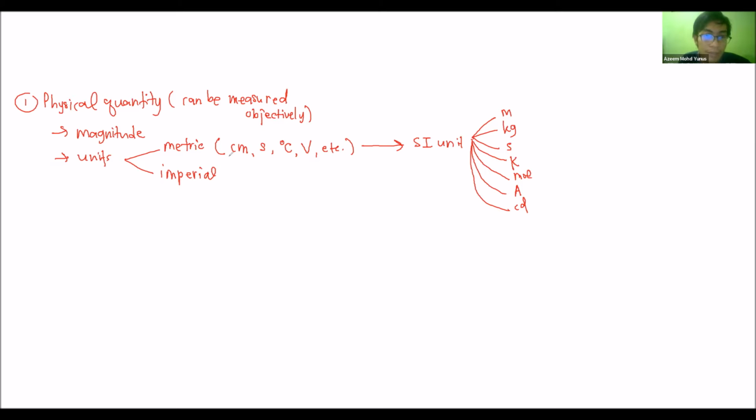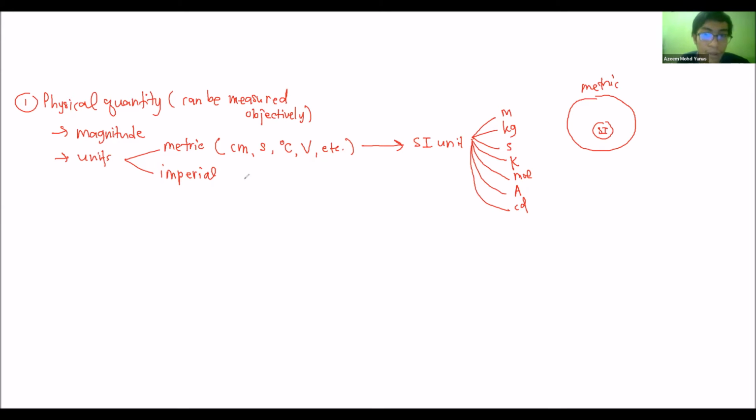In metric units, not all of the metric units are SI units. If you draw a set notation, all of this is metric, but inside the metric we have SI units. Only a small portion of the metric is chosen to be the SI unit.